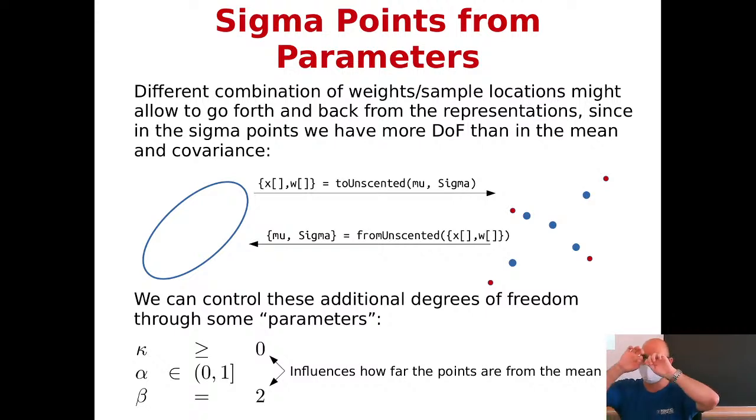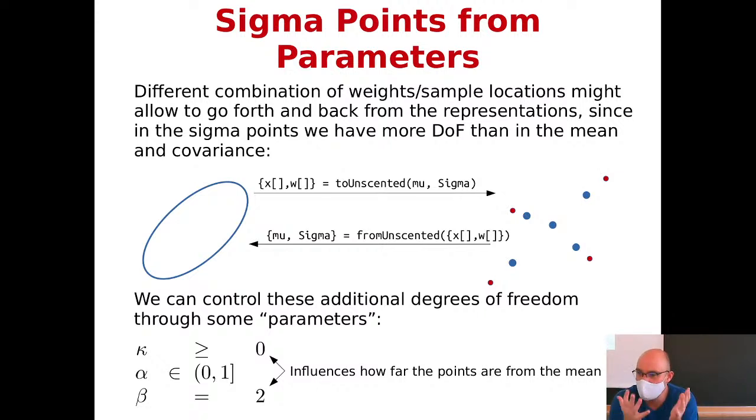I can put points which are further and decrease their importance, or put points that are closer and increase their importance, or put points that are further and increase their importance, or put points that are closer to the mean and decrease their importance. Okay? This would be a way to represent it; I have three parameters basically to define it.